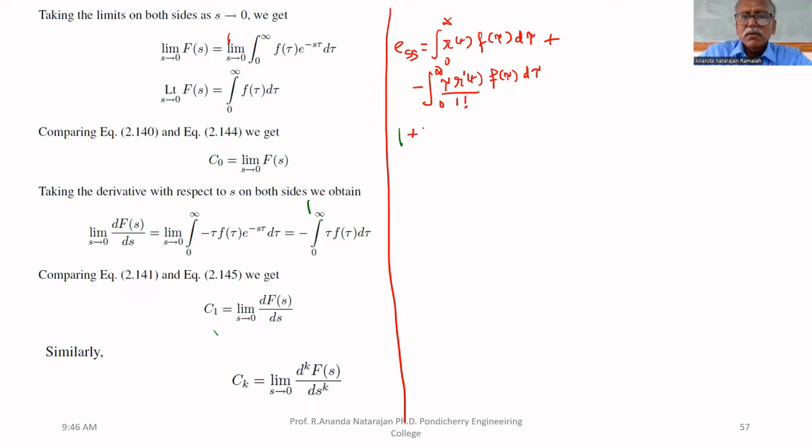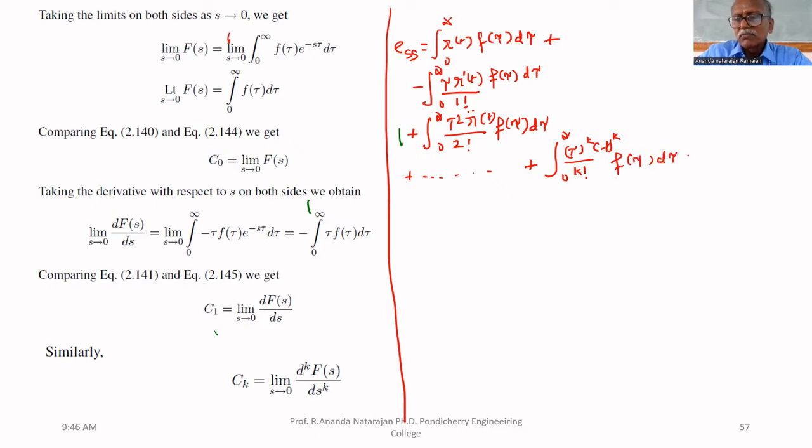The third term is plus the integral from 0 to infinity of tau square divided by 2 factorial, r double dot, the second derivative, f of tau d tau, plus etc. The kth term is the integral from 0 to infinity of tau to the power k divided by k factorial, minus 1 to the power k, f of tau d tau.